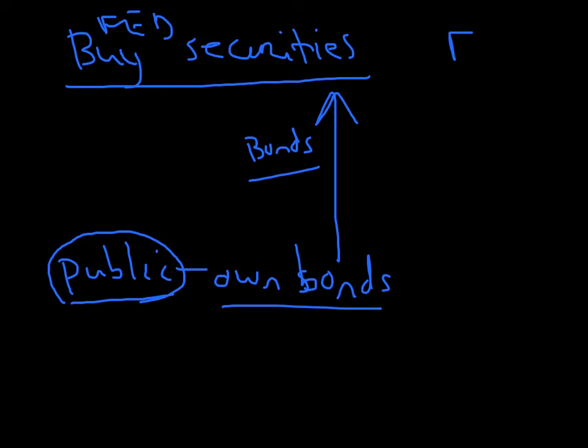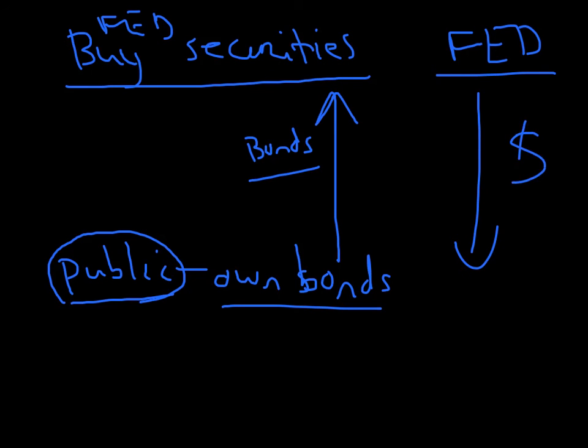Well, what does the Fed have to do? If the Fed is acquiring an asset that someone owns, what happens to the flow of money? The Fed is going to have to pay for it. So they give money to the person who owns the bonds. Think of this as the economy.